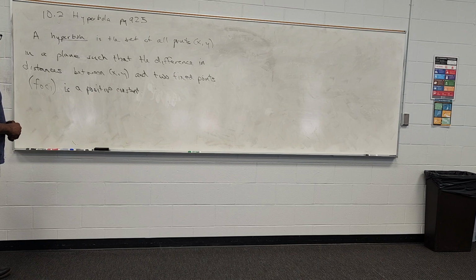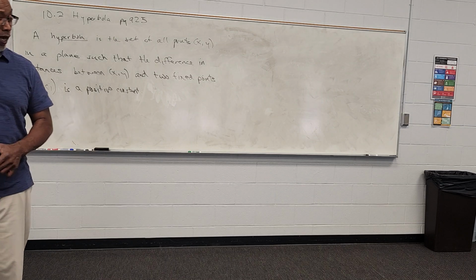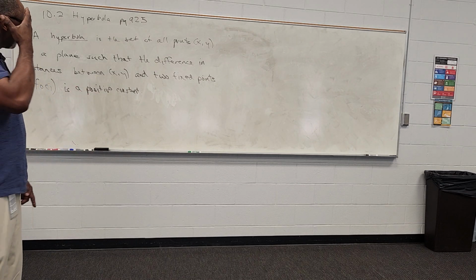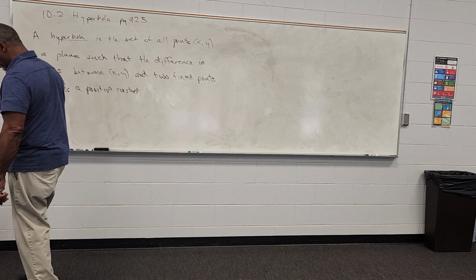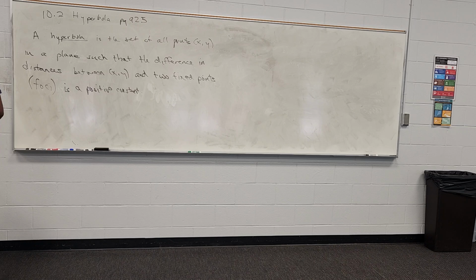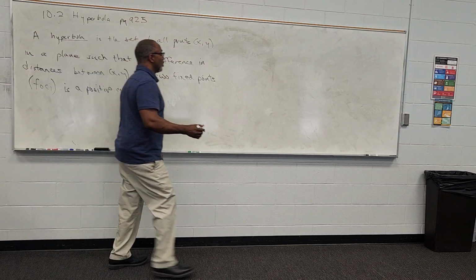Set of all points x comma y in a plane such that the difference in distances between a point x, y somewhere on the hyperbola and two fixed points called the foci is a positive constant, okay? So what do I mean?